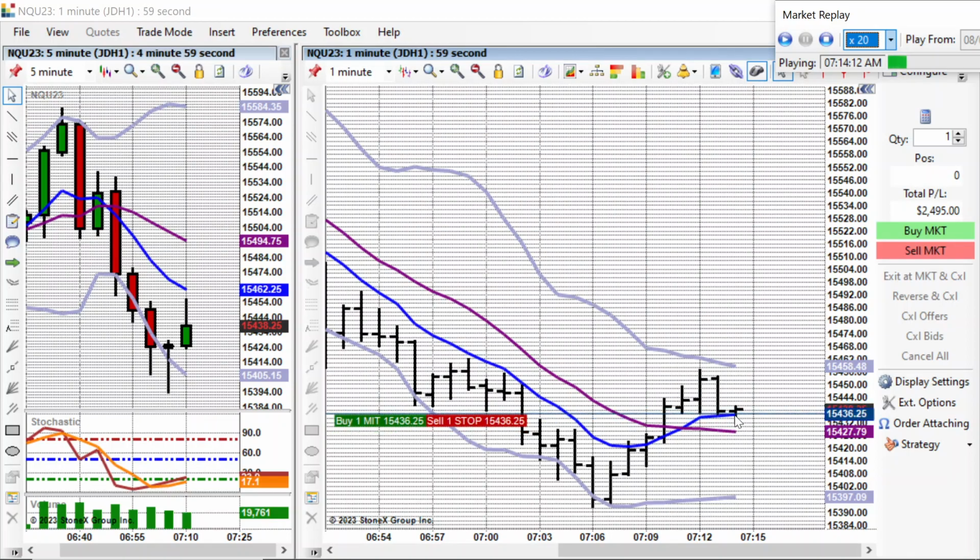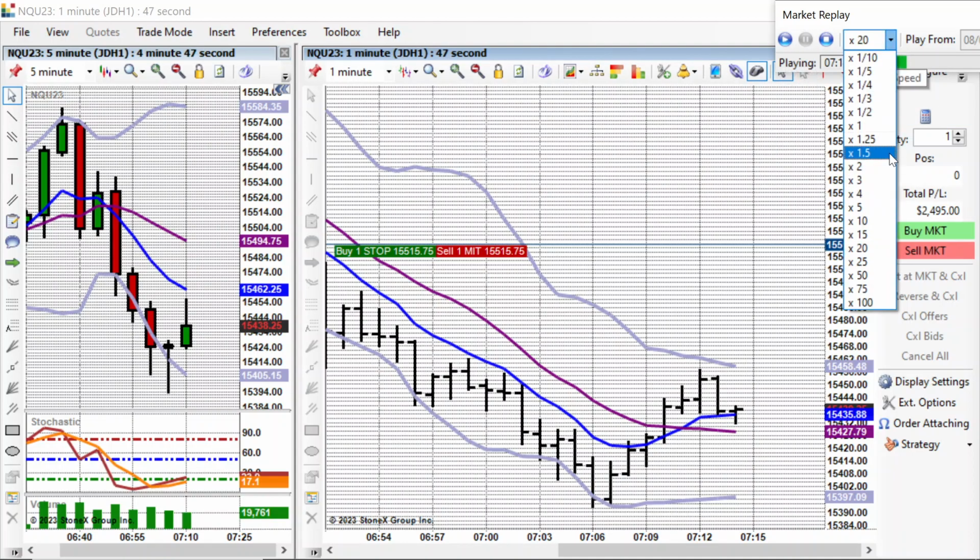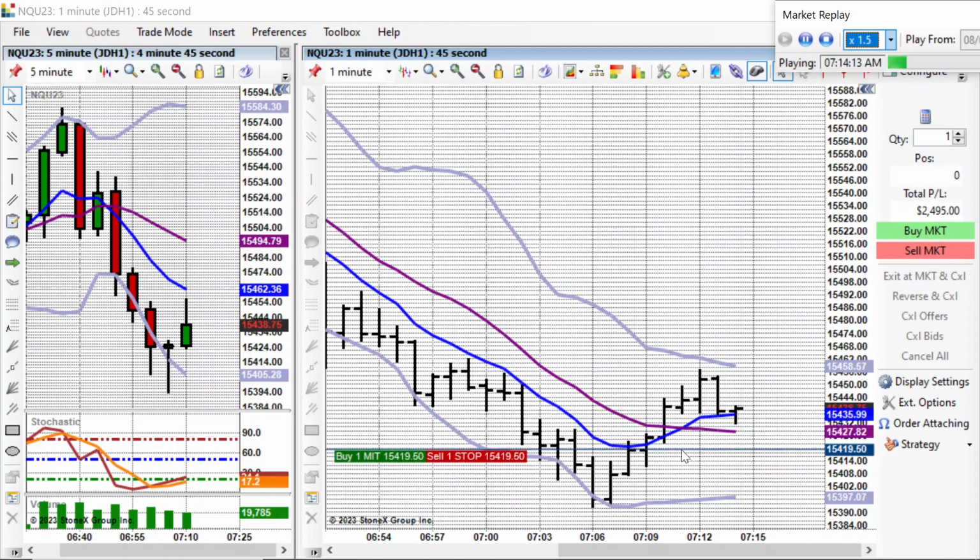Paralysis of analysis here. Obviously I wouldn't have time to do that in an actual trade, but let's see what I want to do here. Is it what I'm questioning here?